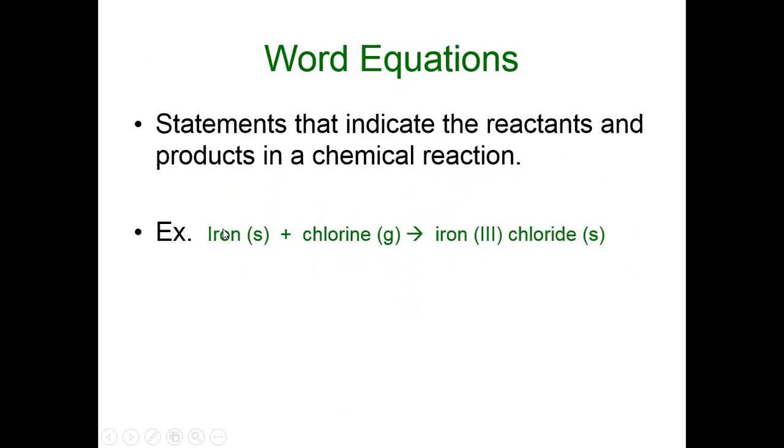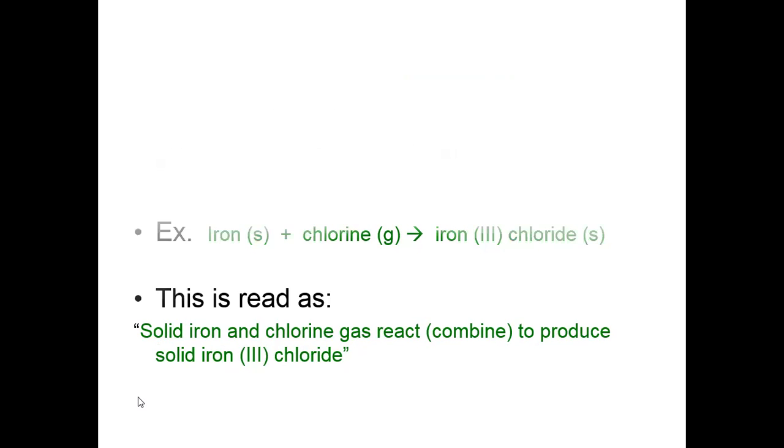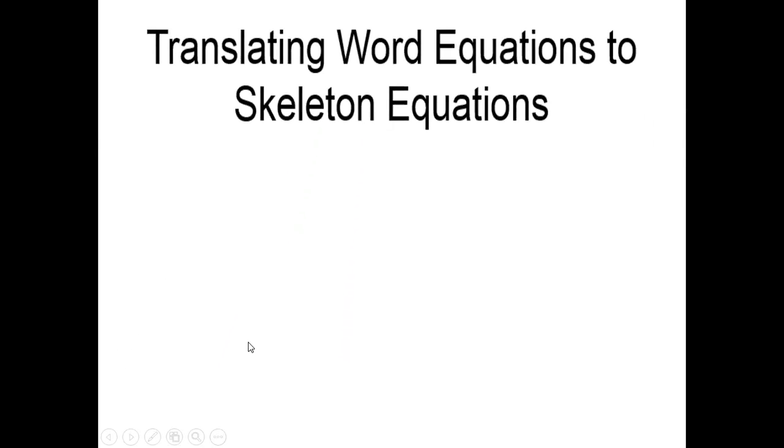For example, iron, solid, reacts with chlorine gas and gives iron 3 chloride, solid. This is read as solid iron and chlorine gas react or combine to produce solid iron chloride. This is the word equation.